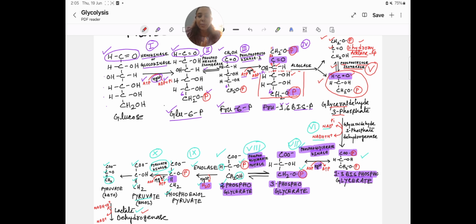This is a very important topic for all kinds of students who are preparing for competitive exams like CSIR-NET, GATE, and various biotechnology exams. In every kind of exam you will get at least one question from glycolysis. So prepare these steps very well, because these are very easy. At one look it looks complicated, but it's very simple.